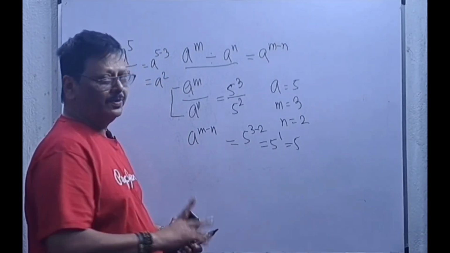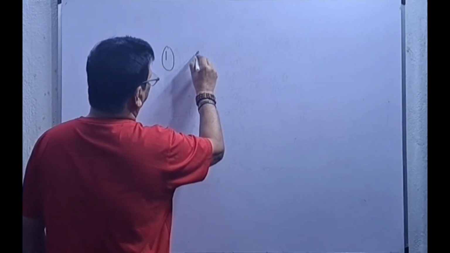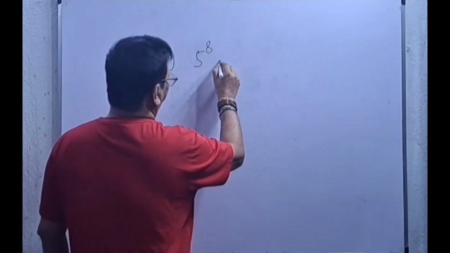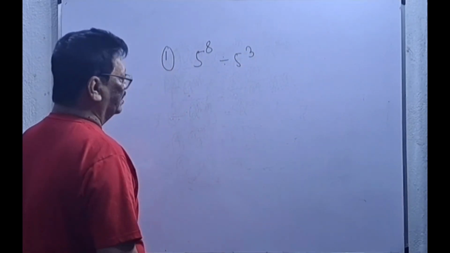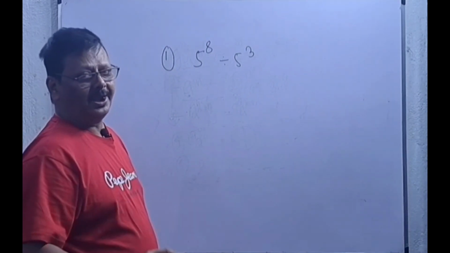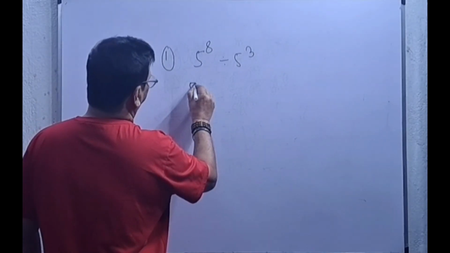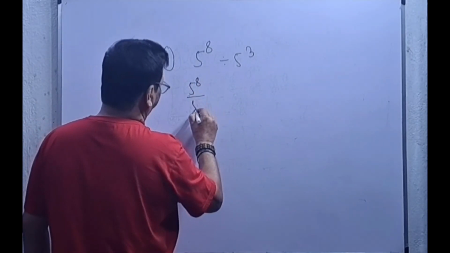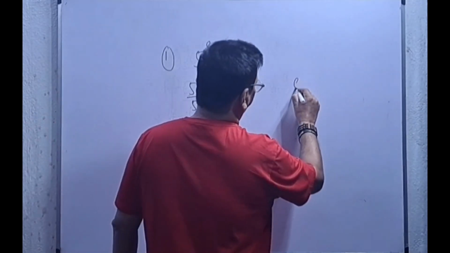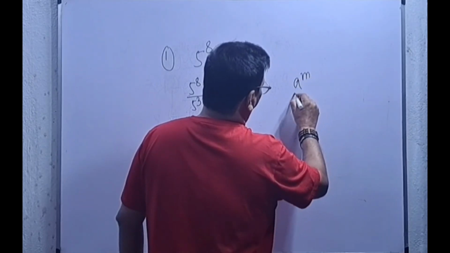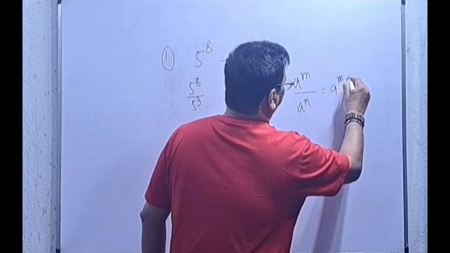Now let us solve a few problems. Number one, 5 to the power of 8 divided by 5 to the power of 3. Now if I apply this rule, a to the power of m divided by a to the power of n is equal to a to the power of m minus n.